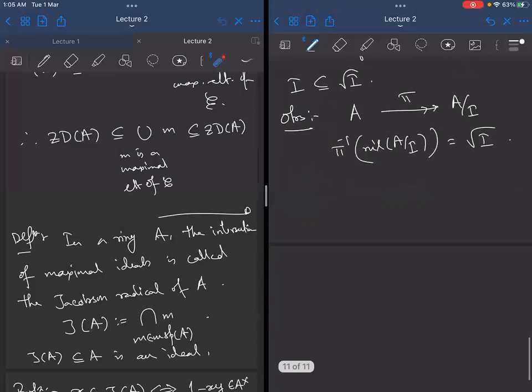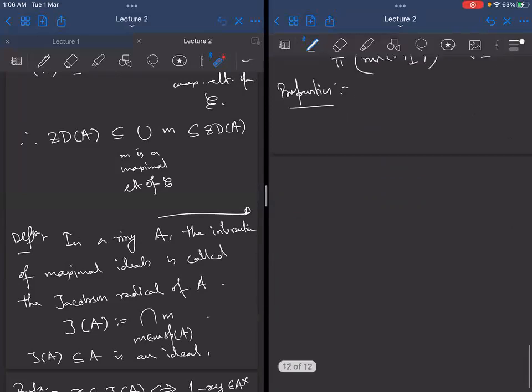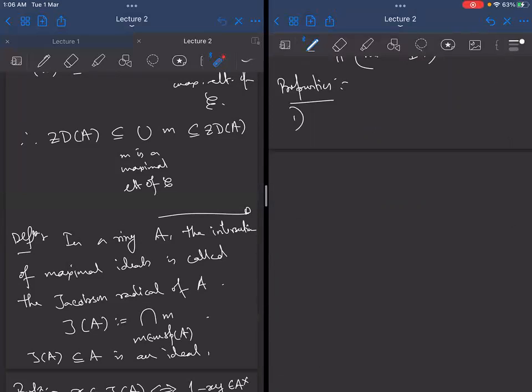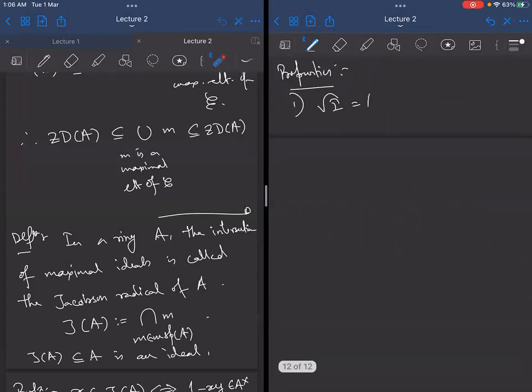So I am listing down the properties which I am not going to prove, but I will tell you some of them, how to prove them. These are easy to prove, these are just verifications. First of all, I have already mentioned that I is a subset of the radical of I. Number one, the radical of I is equal to the whole ring if and only if I equals the whole ring, and that's because if the radical of I contains 1, then some power of 1, which is again 1, is inside I, and if I is the whole ring, then I is contained in the radical.